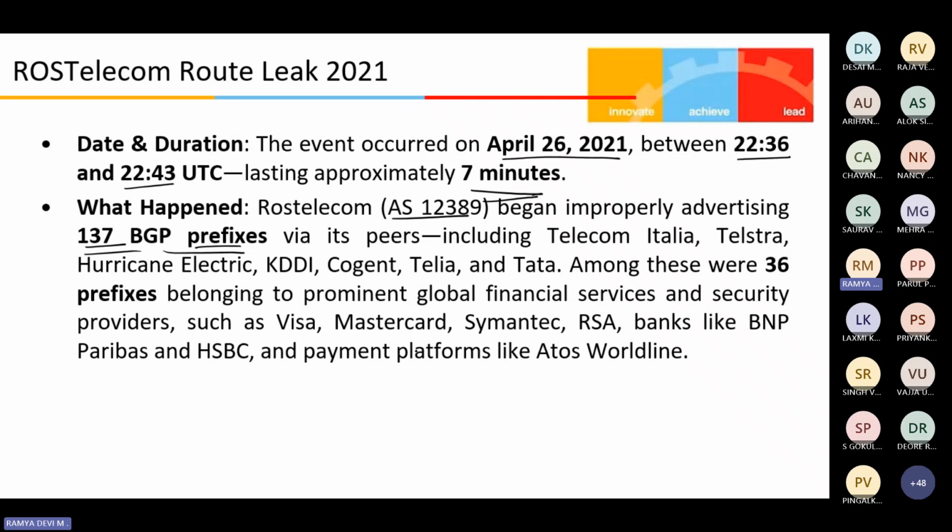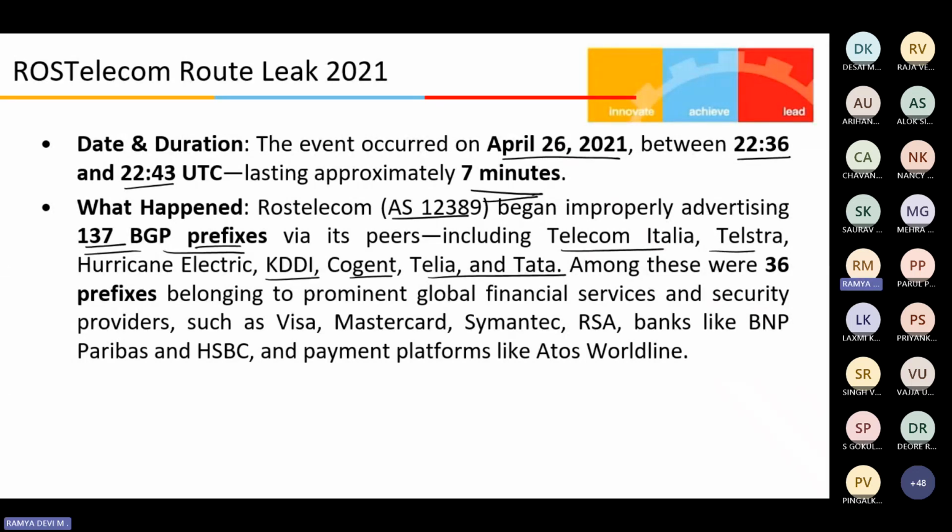All these routes were propagated to multiple Tier 1 ISPs, including Telecom, Telstra, KDDI. Everywhere it is propagated. So 32 prefixes were leaked. For those 7 minutes, sensitive traffic was all diverted through Rostelecom.